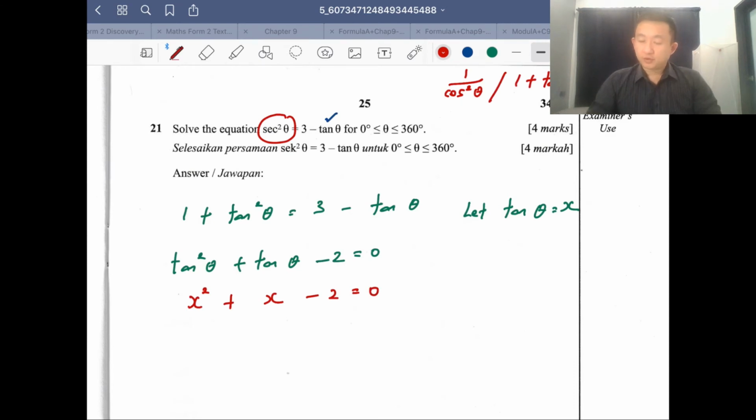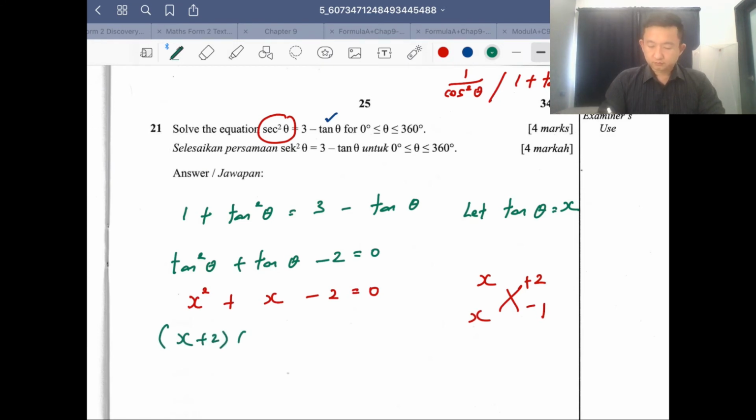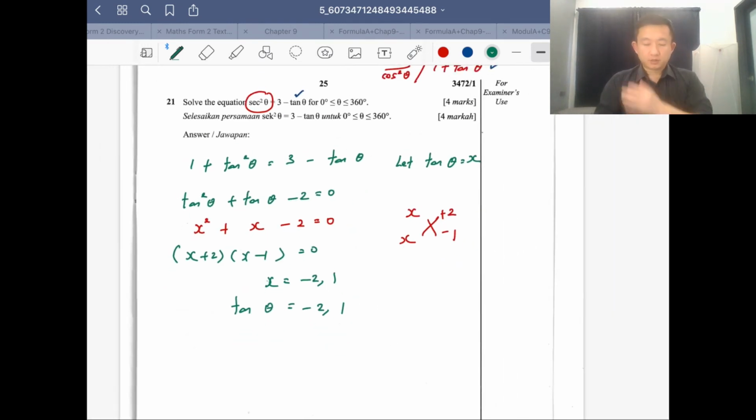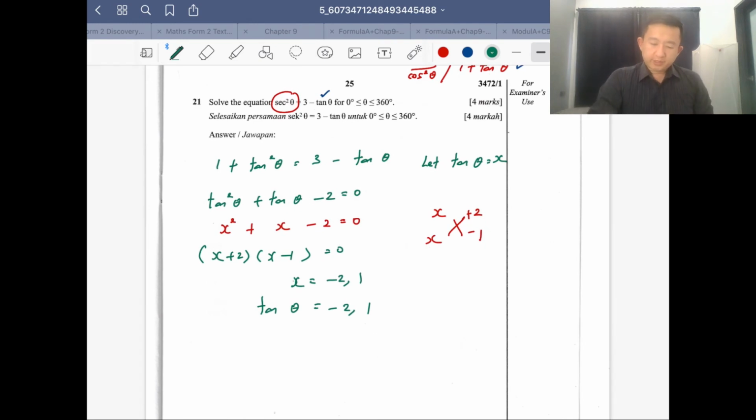Then you know how to solve, right? Then you can say that tan theta equals negative 2 or 1. Okay, so break into two parts.